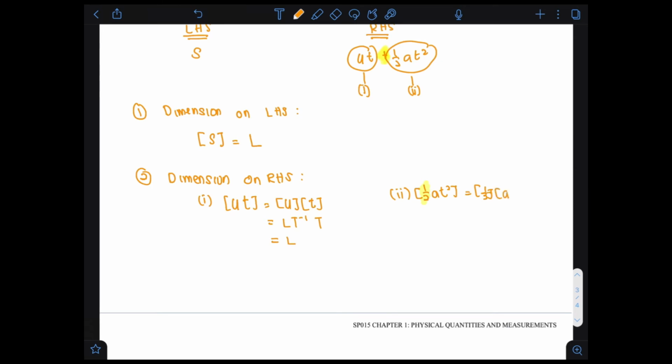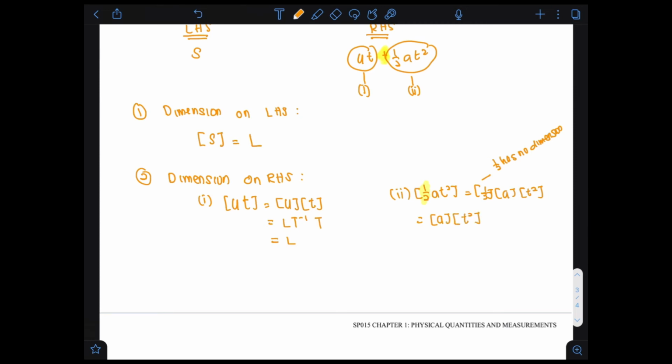So kita ada half A T square, power wajib tulis, power kena ada, power kita tak boleh eliminate. Half ni saya boleh eliminate, half has no dimension, so saya akan ignore dia. So I'm going to proceed with A dimension dengan T square punya dimension.